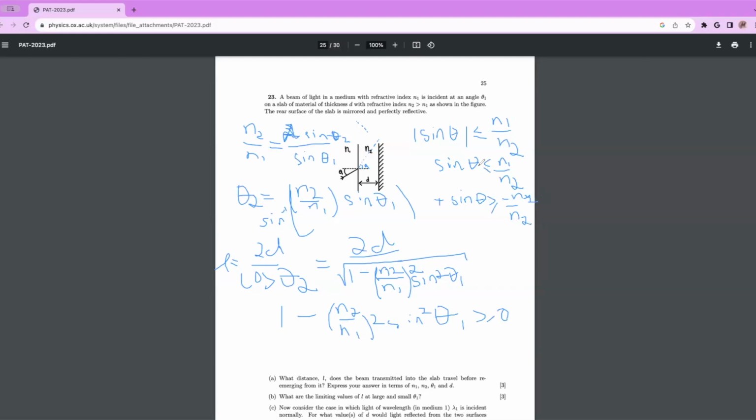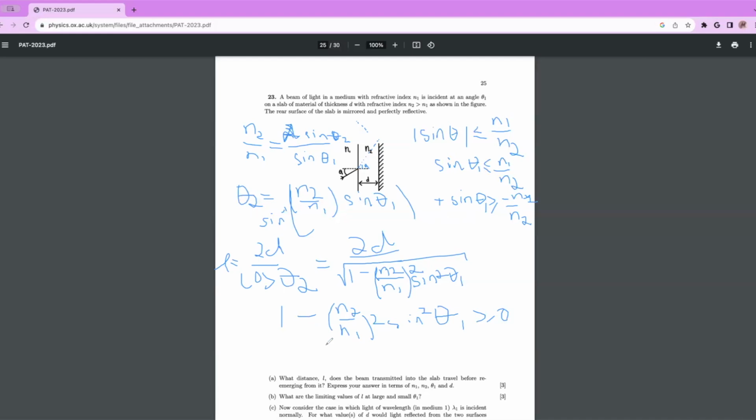And I suppose that would be what would cause the limiting values of L. Well, when theta 1 is 0, it's just 2D. And when theta 1 is approaching 90, actually, if it approaches 90, it just blows up to infinity. That makes sense.